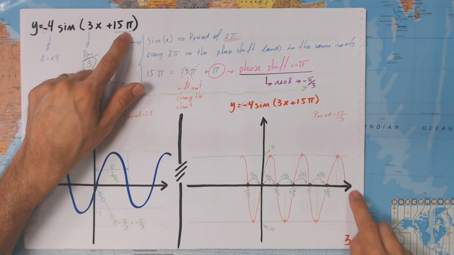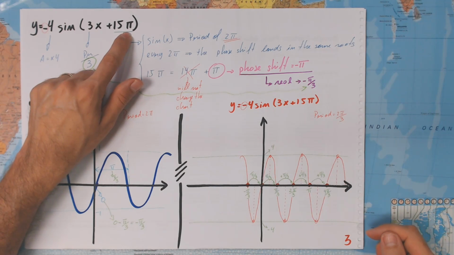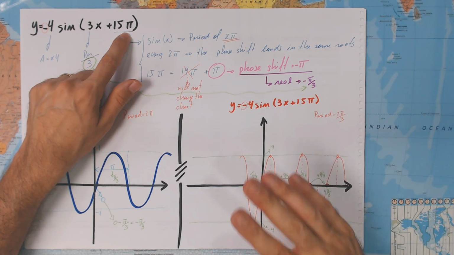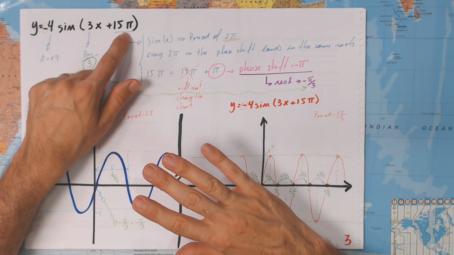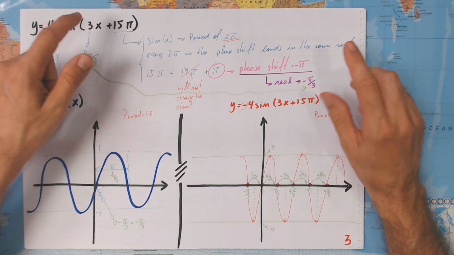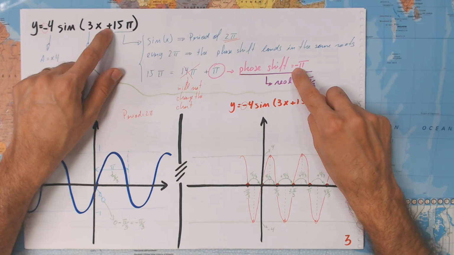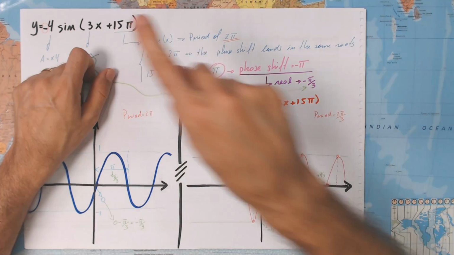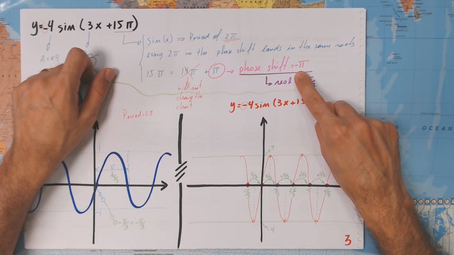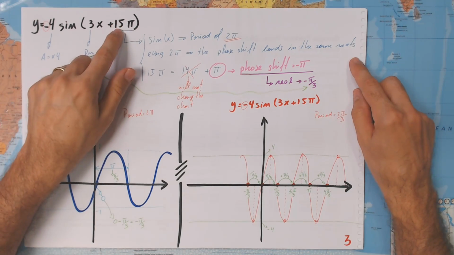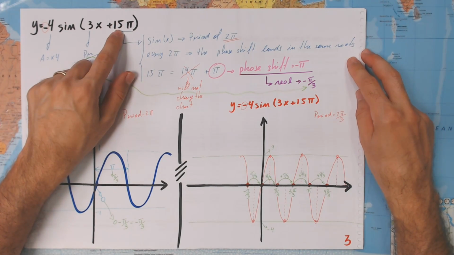This is a phase shift. Well, it doesn't matter if it is 41 pi. 41 pi, it just means we're going to have a shift of pi, okay? If it's positive, the phase shift is going to be negative. If it's negative, the phase shift is going to be positive, okay? So, because it's 15, it doesn't matter, okay?